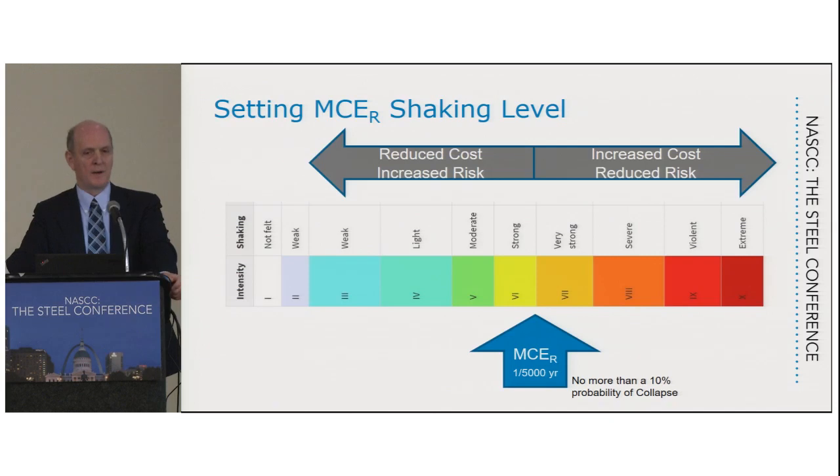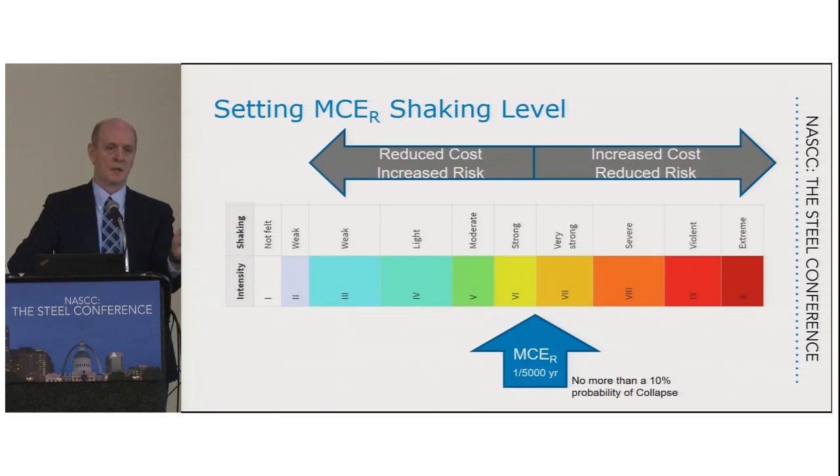So that 1 over 5,000 is the level of risk. They set that level so that every building has that 1 over 5,000 per year risk of collapse. Now, I also put on here that if a building is a code level building, a type 2 classification, which is a typical residence or typical office building, if that building is designed to code and if an earthquake causes that MCER shaking intensity, the code said we should have no more than a 10% probability that that building collapses.